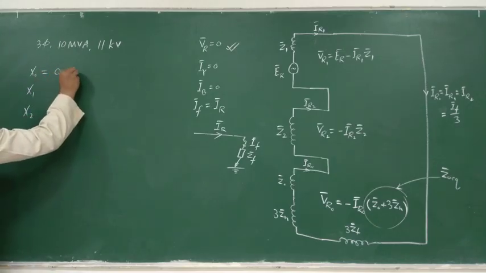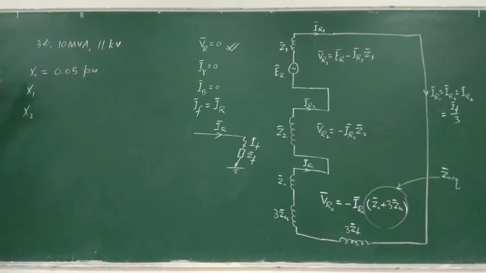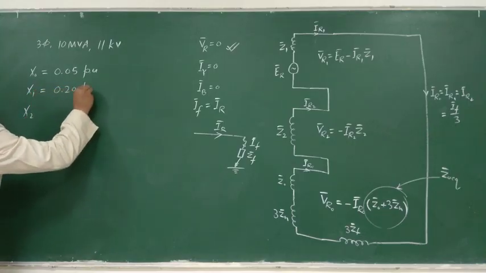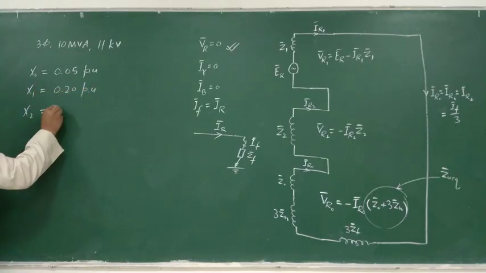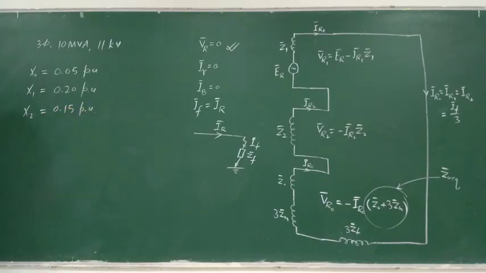Are you writing? A 3-phase 10 MVA 11 kV alternator is having its sequence impedances: zero sequence impedance 0.05 per unit, positive, let us say 0.20 per unit, and X2 let us say 0.15 per unit, respectively.